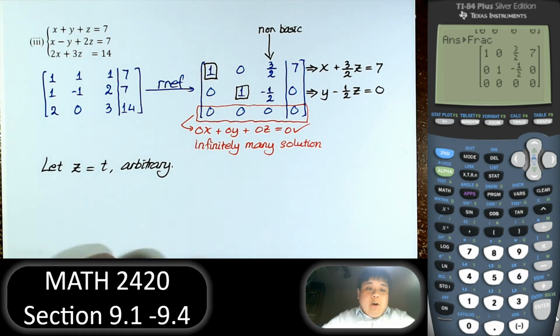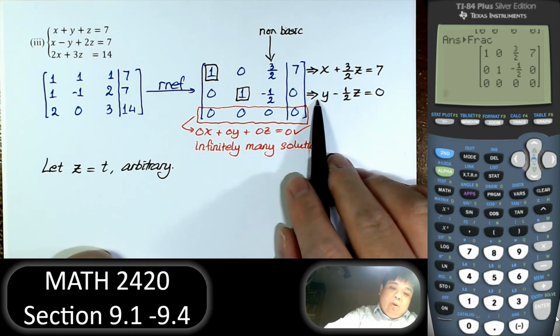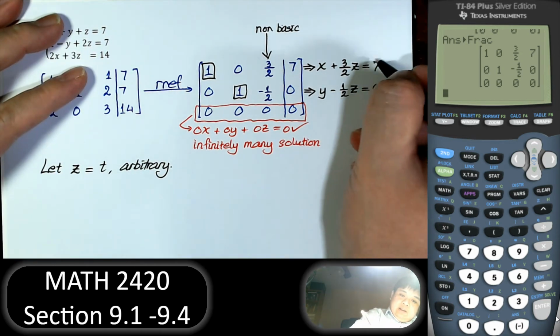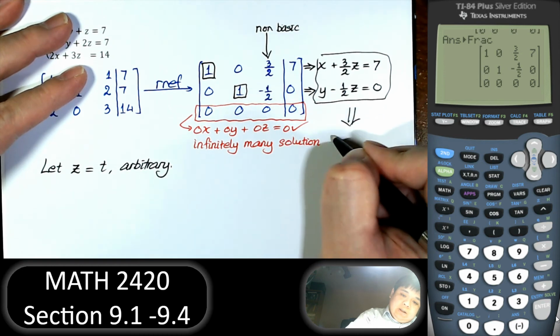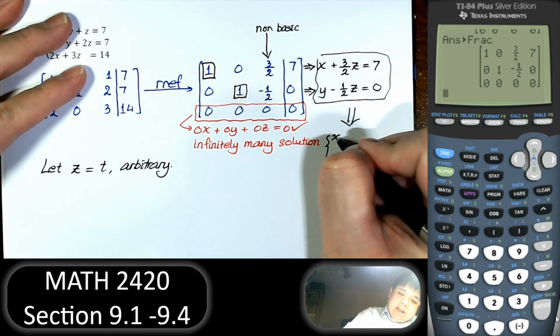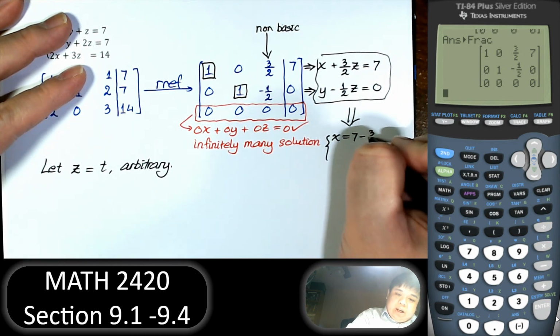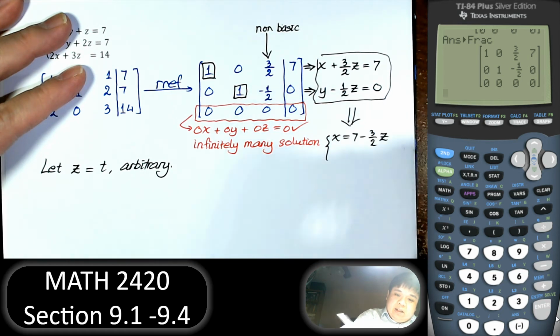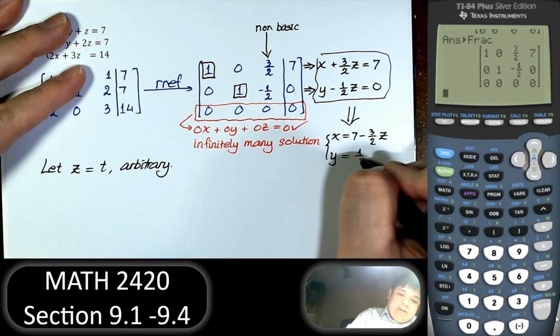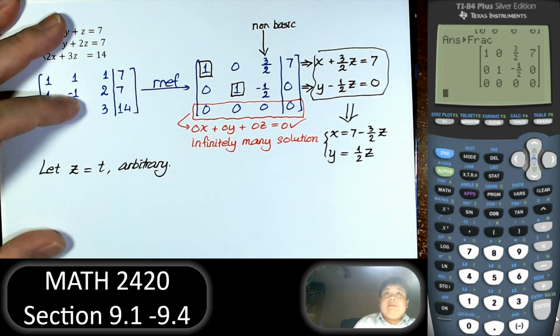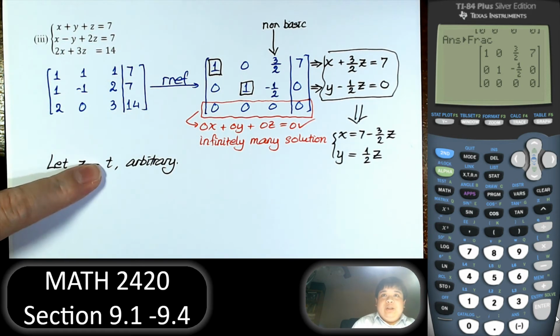Right? Now with that you can solve for x and y in terms of z. From this, we have x equal to 7 minus 3/2 z, y equal to 1/2 z, and z is equal to t.